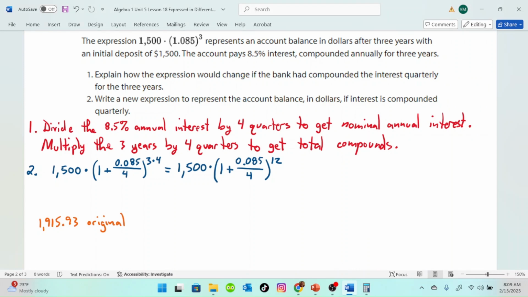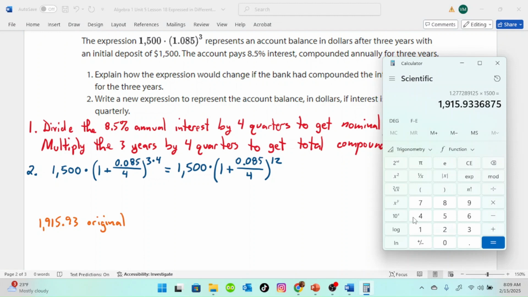Now, if we tried the quarterly, we would have the 0.085 divided by 4 plus 1 to the power of 12 times the original 1,500.